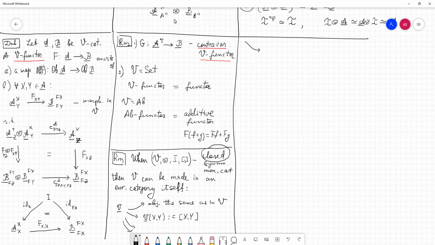So since I tensor X is isomorphic to I X comma X internal home, on this side we pick up lambda sub X, left uniter, and this left uniter goes to identity sub X.